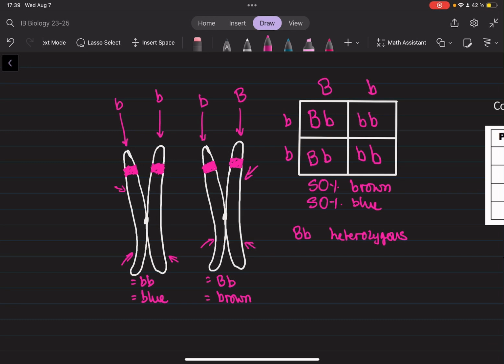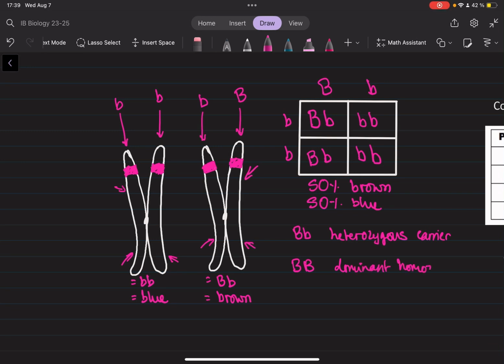And because it's heterozygous, you would also say that this person is a carrier of the recessive gene, because they're not showing it, but they still have that recessive gene and are able to pass it on to their offspring.